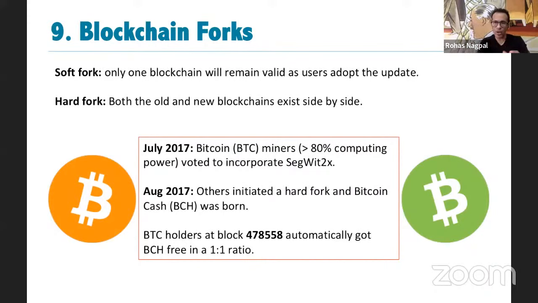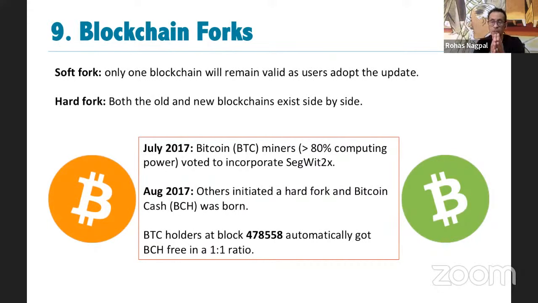At block number 478558 of Bitcoin, which you can see here, the Bitcoin blockchain broke into two. Anybody who had one Bitcoin at that time automatically got that much Bitcoin Cash for free. So even I remember getting a small amount for free.